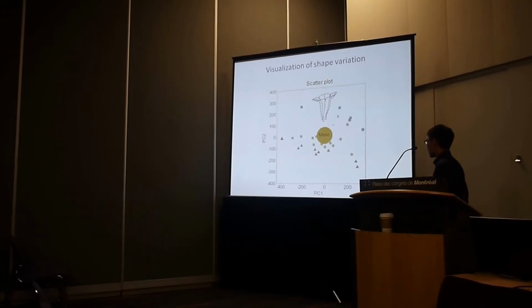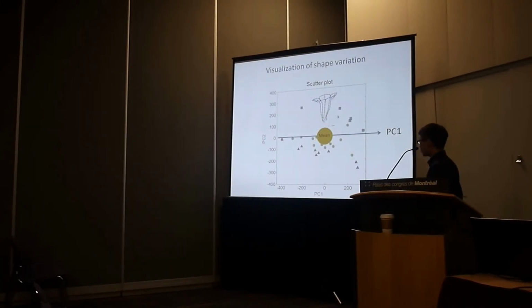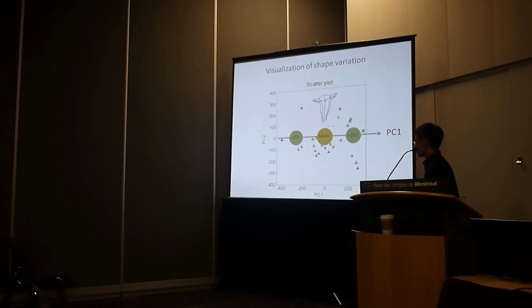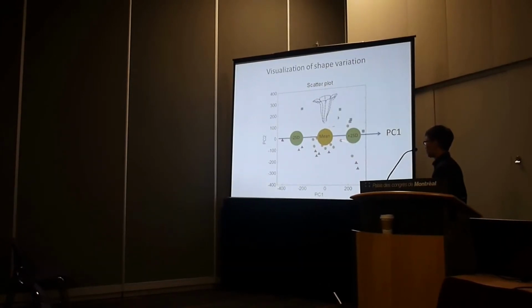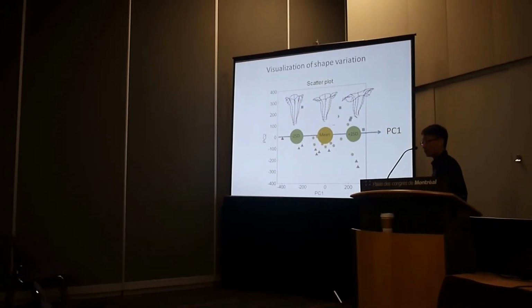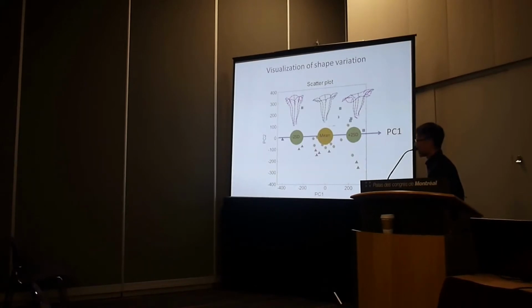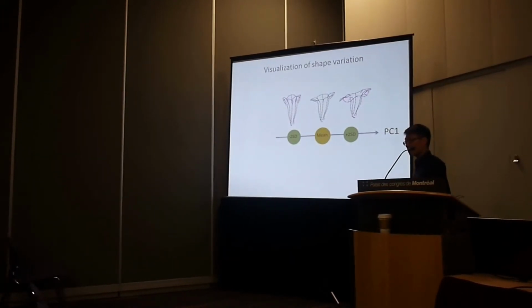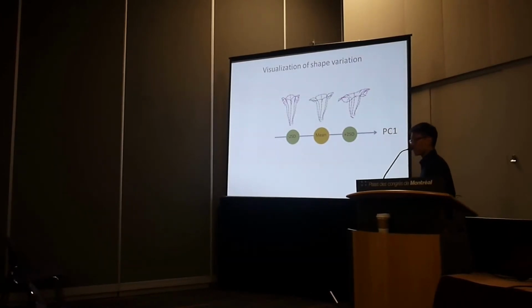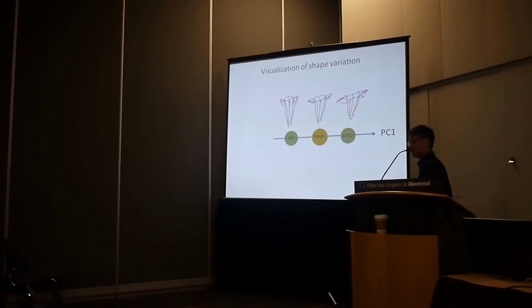Now if we want to know the shape variation in PC1, we have to identify another two PC values, which refer to -2 standard deviation and +2 standard deviation. And then reversing the PC values to get the virtual flower like this. By doing the process of reversing PC values, we would be able to easily recognize the shape variation in PCs.